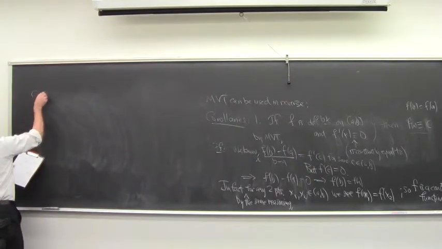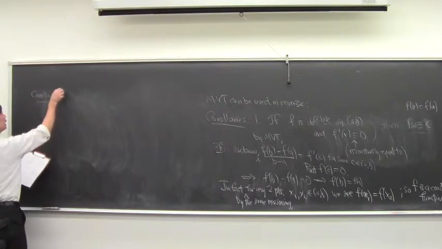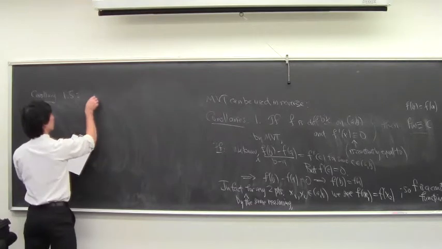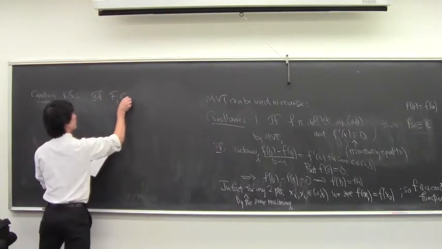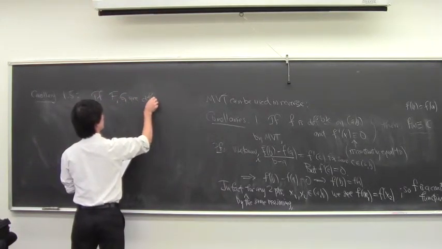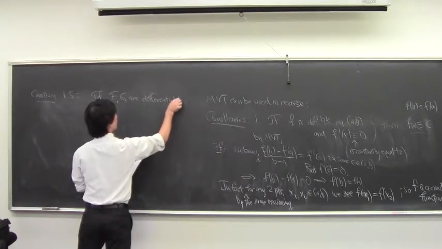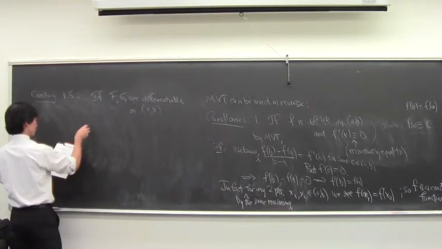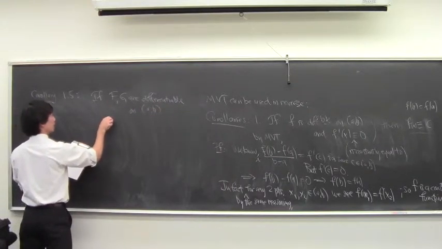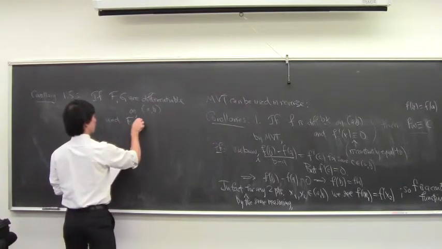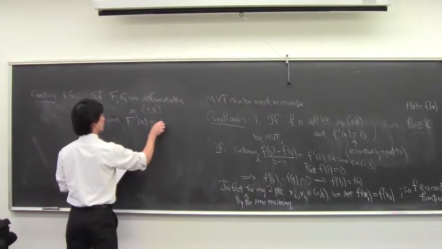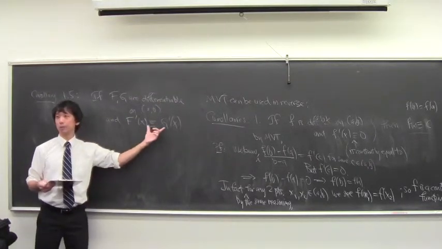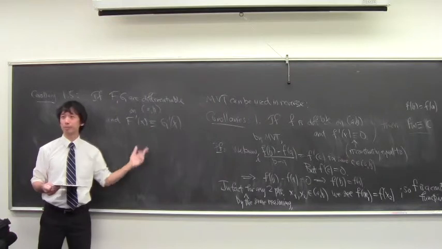Corollary 1.5. So if f and g are differentiable on (a, b), and f prime equals g prime everywhere, so these guys are equal to each other.